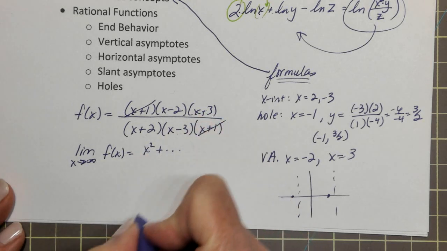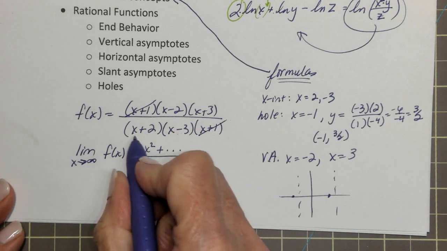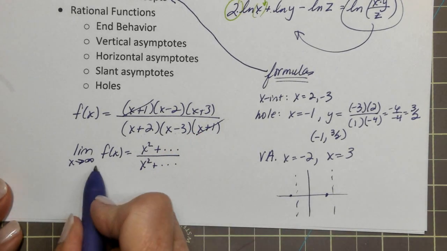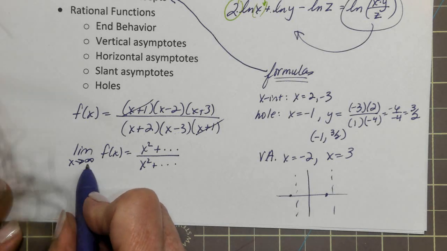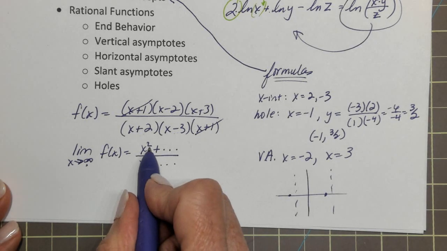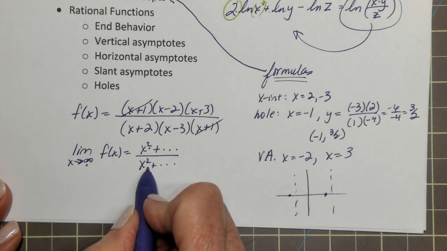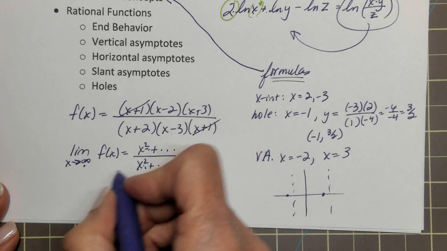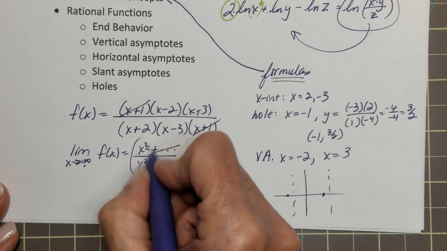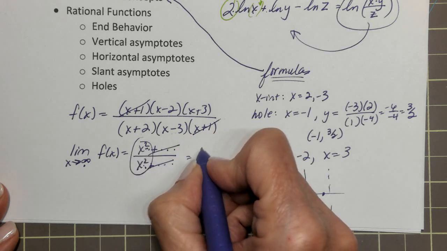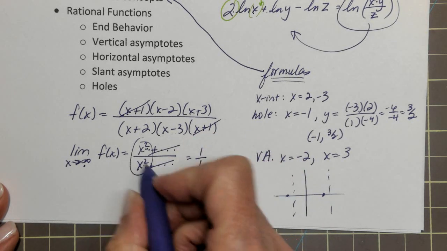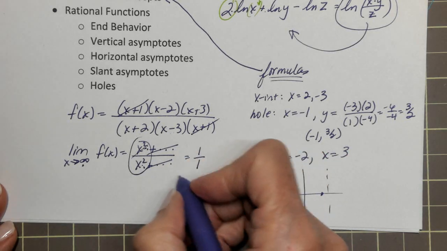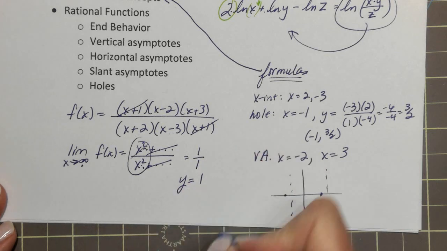And I don't care what else is up there. On the bottom, what would be the highest degree? x squared. It doesn't matter what comes next because x is going to infinity. We only care about the highest degree term on top and the highest degree term on the bottom. If they are the same, then this limit would be the coefficient of the top divided by the coefficient of the bottom, because the x terms cancel each other out. So in this case, the horizontal asymptote would be y equals 1.